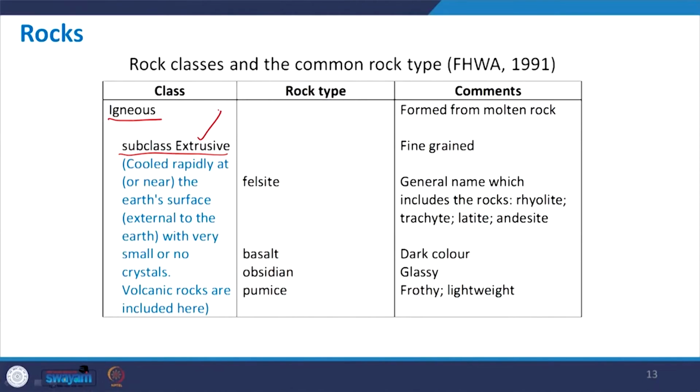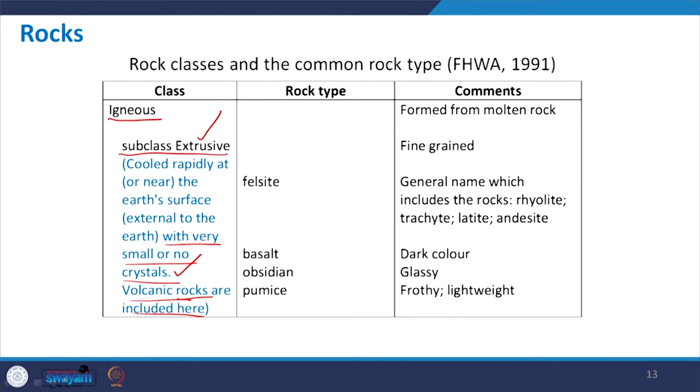It is cooled rapidly at or near the earth's surface, which is external to the surface, not deep inside the earth. That is why we are calling it extrusive, and therefore it will have very small or almost no crystals. Please keep in mind that this subclass extrusive will have very small or no crystals. These volcanic rocks are included in this category.